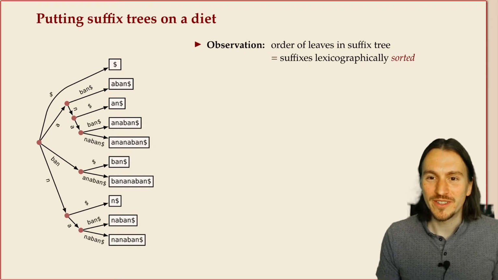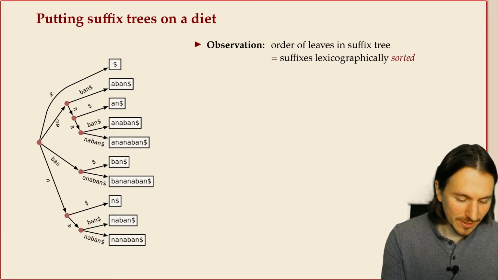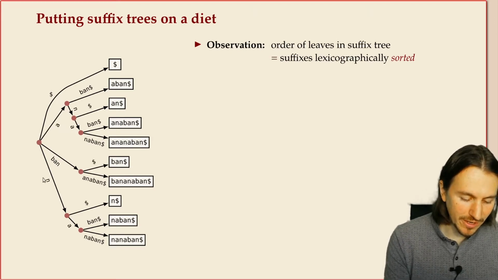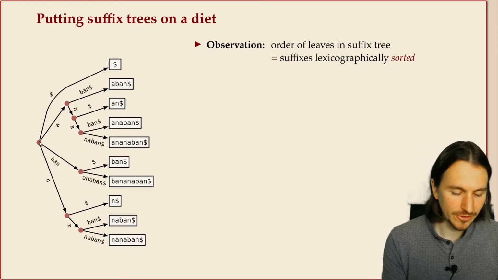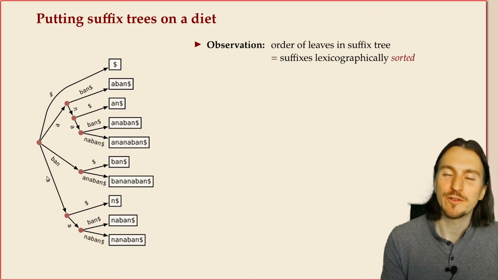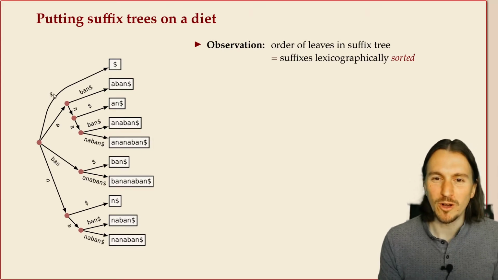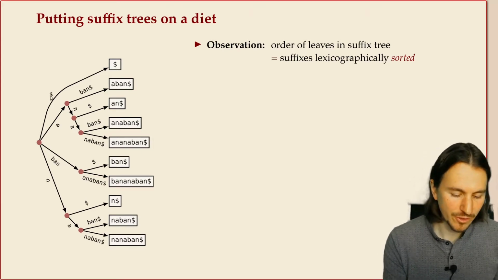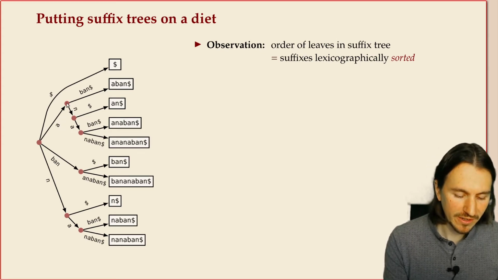One observation that we can make in a suffix tree is, one assumption here is that I'm ordering the edges going out of an internal node by the lexicographic order of the first character. So here the dollar is always the smallest in our alphabet that comes first, then A, then B, then N. And the same is true at every node.